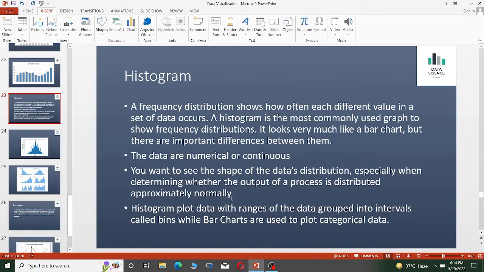Like in the error field, we need to know whether it is following a normal or not. So a histogram plots data with ranges of data grouped into intervals called bins, while bar charts are used to plot categorical data. That I'm telling you.